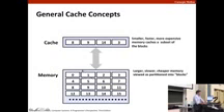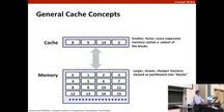Data will be transferred between memory and the cache in block size transfer units. So if the cache needs data from the memory, it'll grab a whole block. And at any point in time, the cache holds a subset of the blocks in main memory.